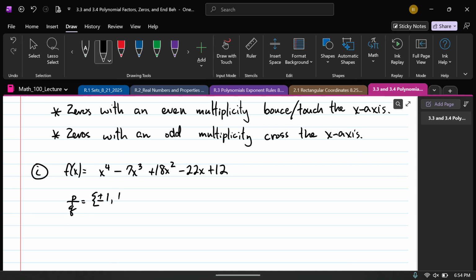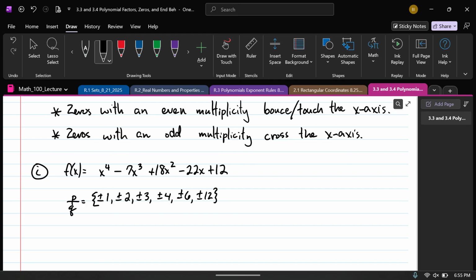One. What else? 2, 3, 4, 6, 12. So there's my possible rational zeros. Okay. So here's how you know how much synthetic division you have to do. Look at the highest power of x.